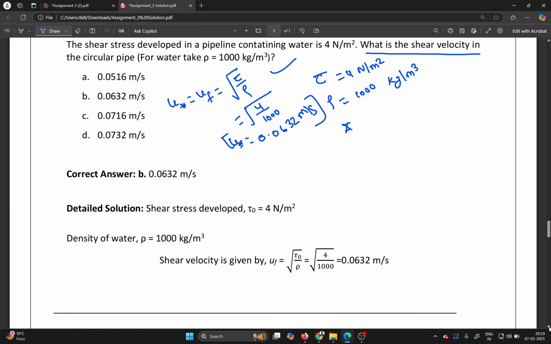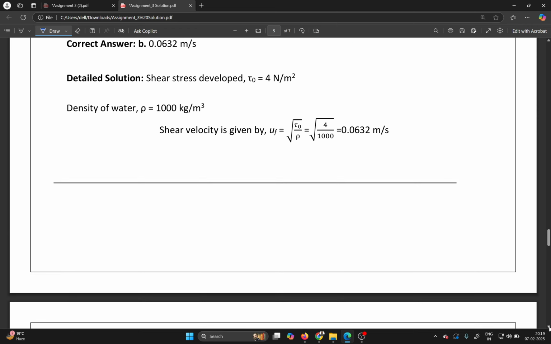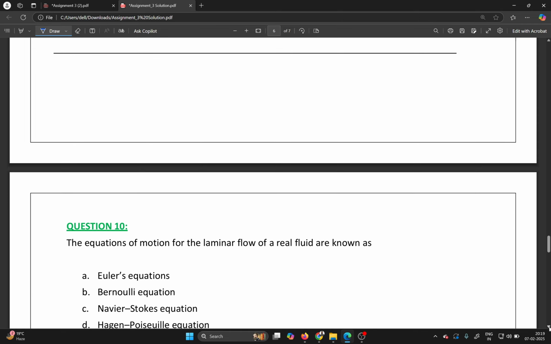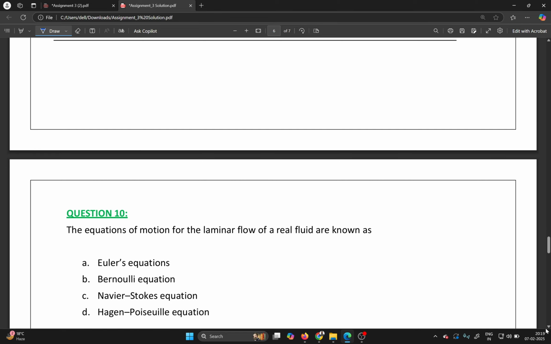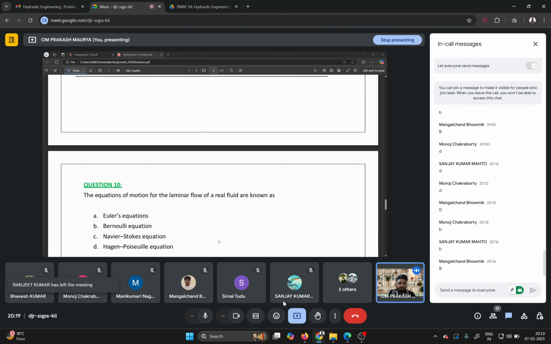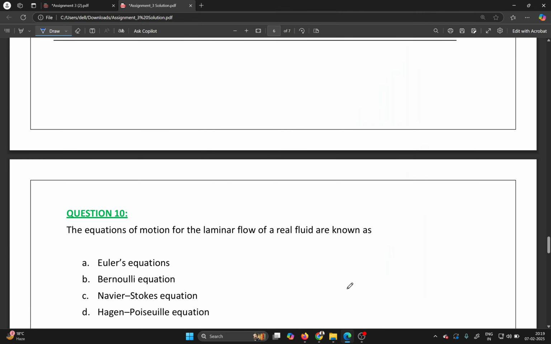Question number 10. The equation of motion for laminar flow of a real fluid is known as. This question we have already solved, but here I want to discuss the Euler equation, Bernoulli's equation, and what the difference is between Euler, Bernoulli's and the Navier-Stokes equation.